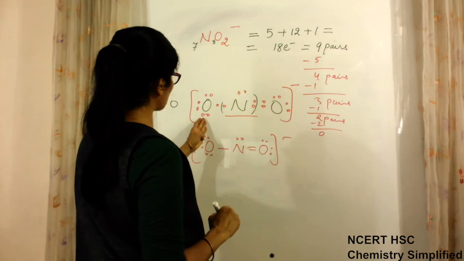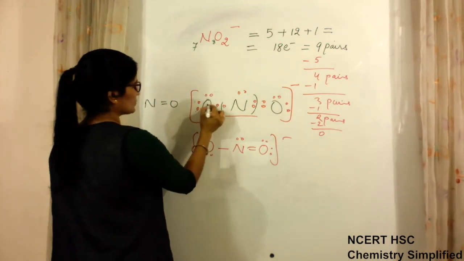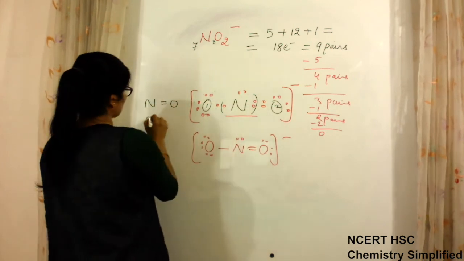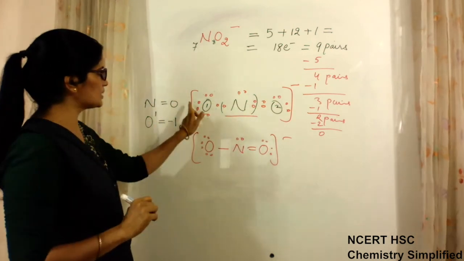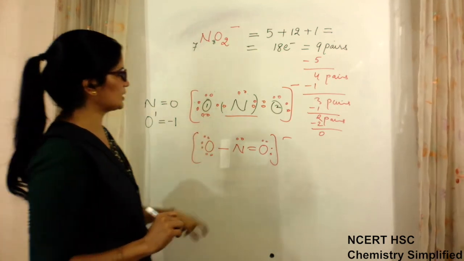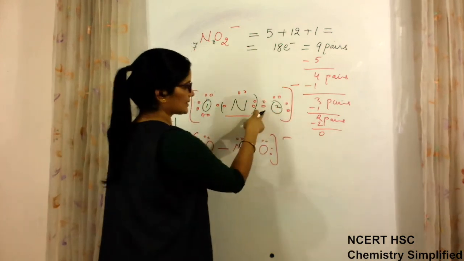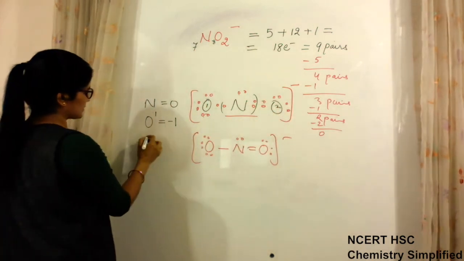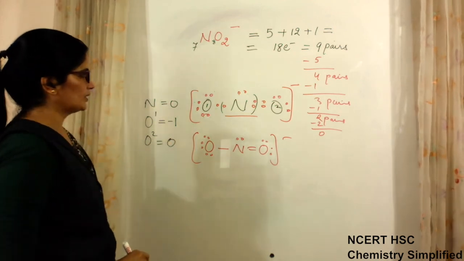Let us see this oxygen atom. 1, 2, 3, 4, 5, 6 and 7. This is 1, this is 2. Oxygen atom number 1 has formal charge -1 because 6 are supposed to be, but it has 7, so extra 1, -1 charge. This oxygen will see 1, 2, 3, 4, 5, 6. Supposed to have 6 and it is also having 6, so formal charge is 0.